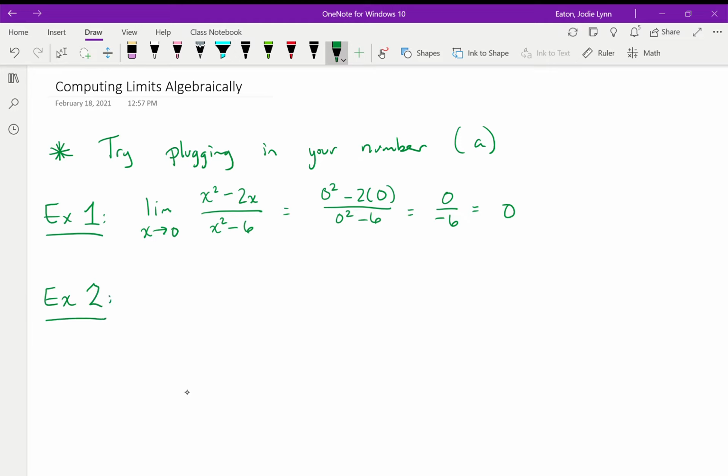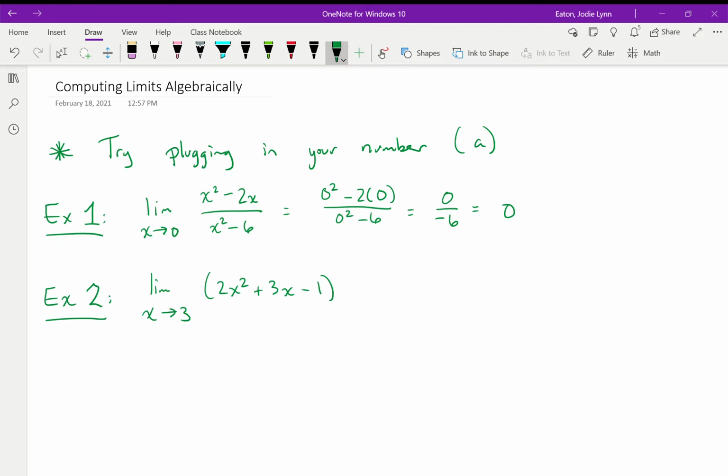Any polynomial, remember, polynomials are always continuous functions. So with any polynomial, this is also going to work. So we have the limit as x approaches 3 of 2x squared plus 3x minus 1. Please notice that we're putting brackets around any terms that are added or subtracted, just so we know that we're taking the limit of all of these.